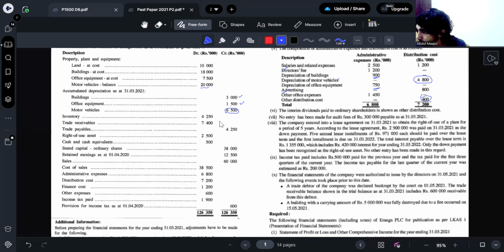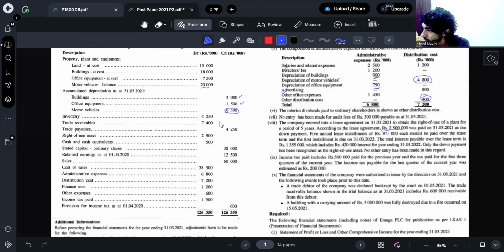According to the lease agreement, rupees 2,500,000 was paid on 31st March 2021. They paid 2,500,000 on the date they entered the lease agreement. So that's the down payment.